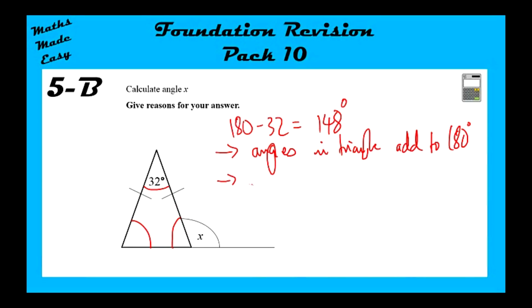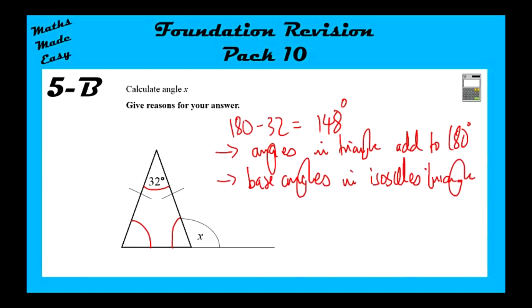Now if these two add up to 148 but they're both the same, we can half that. So base angles in an isosceles triangle are equal. So we do 148 divide 2 equals 74. That gives both of these at 74 degrees.